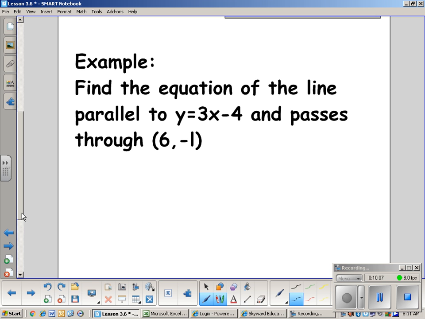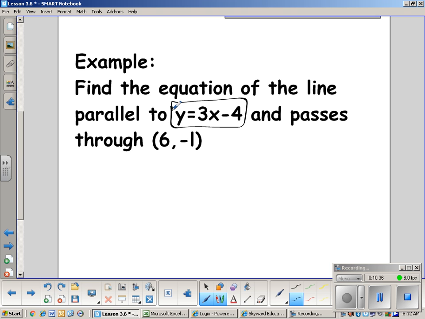So if it's parallel, what's special about it? Same slope. So the question is, what's the slope of this line? 3. How do you know that just by looking at it? Because it's in mx plus b, meaning slope-intercept form, right? And Brianna, where's the m at?